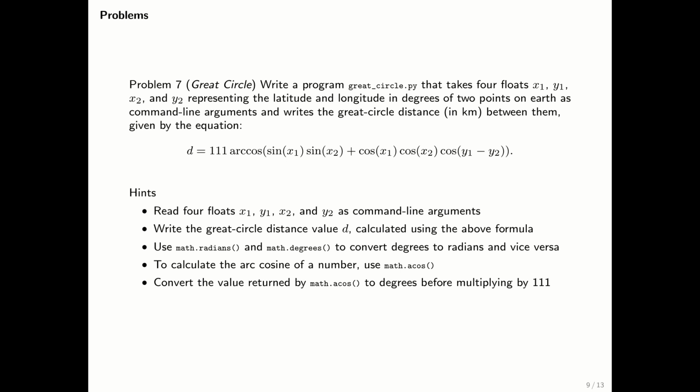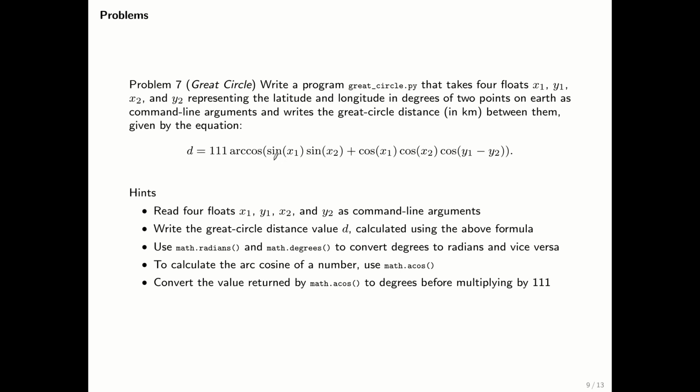And the program is supposed to calculate and print the great circle distance between the 2 points in kilometers, right? And here is the formula for calculating the great circle distance between 2 points in kilometers. So first read the four command line arguments x1, y1, x2, and y2 as floats, and then calculate the great circle distance value d using this formula and simply write it out.